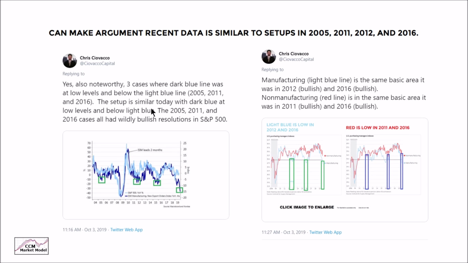You can find the charts and these little blurbs on our Twitter feed, but it really didn't take too long to look at these charts and basically say they really look like bullish setups. The present day looks very, very similar to 2005, 2011, 2012, and 2016. Once again, telling us to keep an open mind about a wide range of possible outcomes.